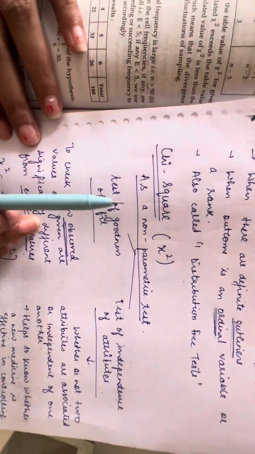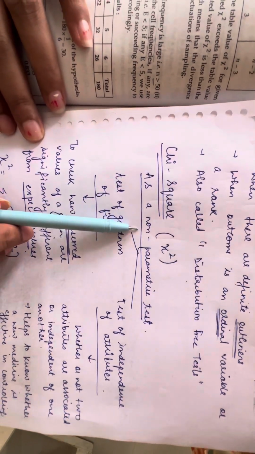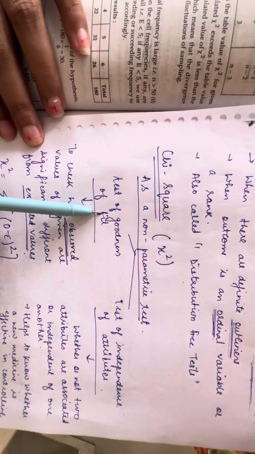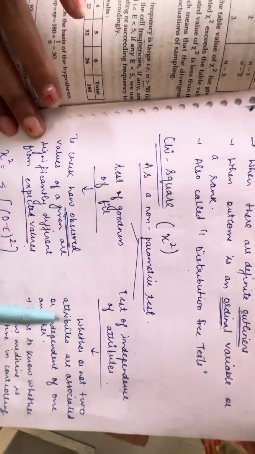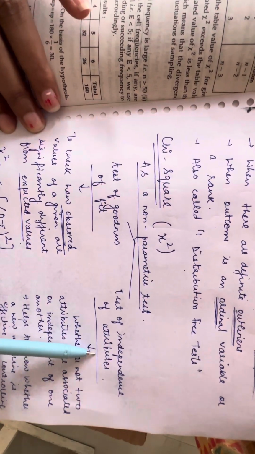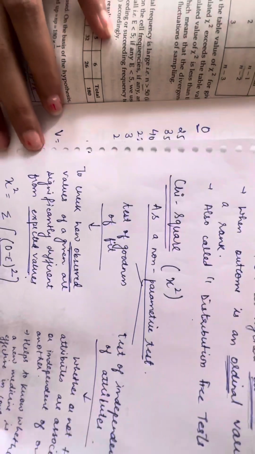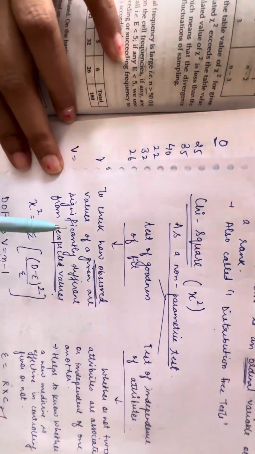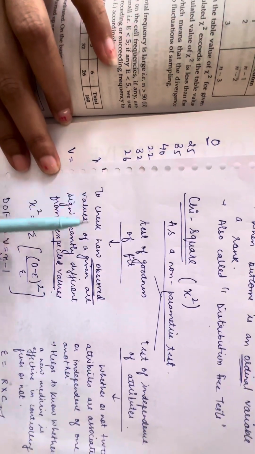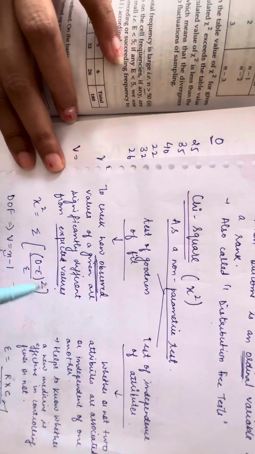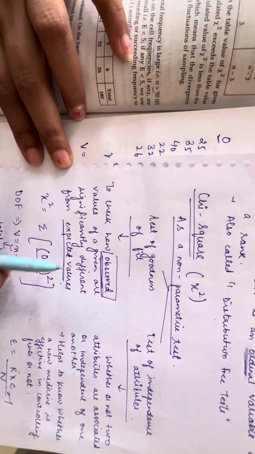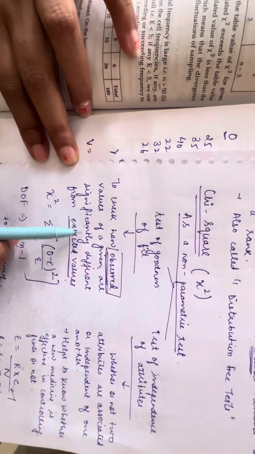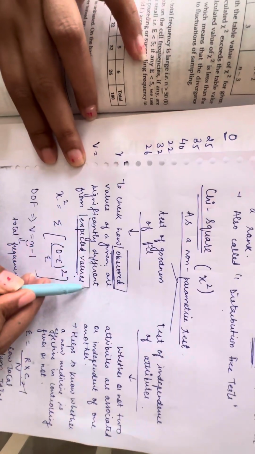Chi-square can be used as a non-parametric test, under which there are two types: test of goodness of fit, and second, test of independence of attributes. We apply the test of goodness of fit to check whether the observed values of a given sample are significantly different from the expected values.